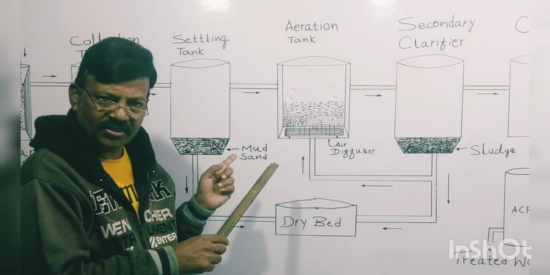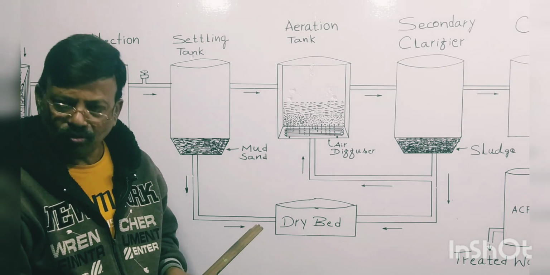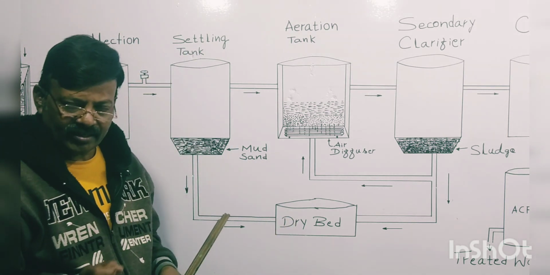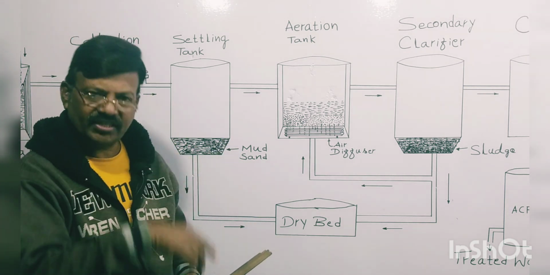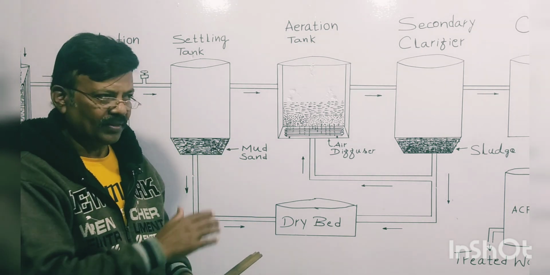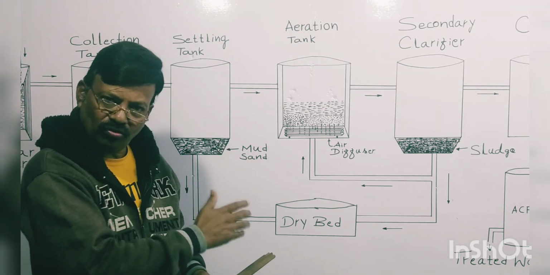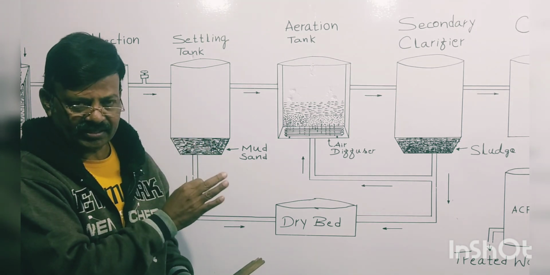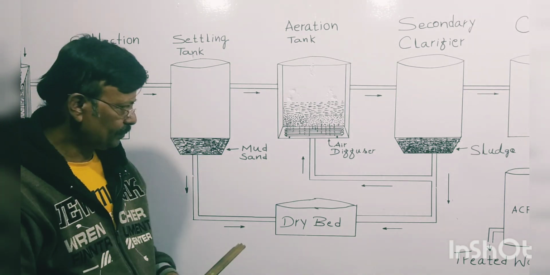This particular act is known as BOD removal. That is, organic matter that was present in the wastewater is being consumed or removed by these newly born bacteria. This is called BOD removal.